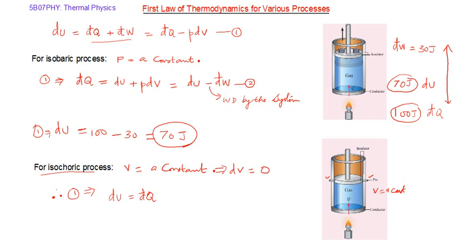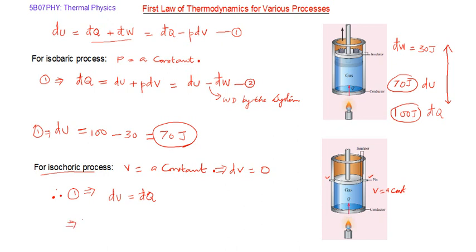Work done equal to 0, and hence whatever heat energy you are giving to the system will be used for changing the internal energy of the system. Or we can conclude that the heat is the flow of internal energy in an isochoric process. So that is our conclusion here.